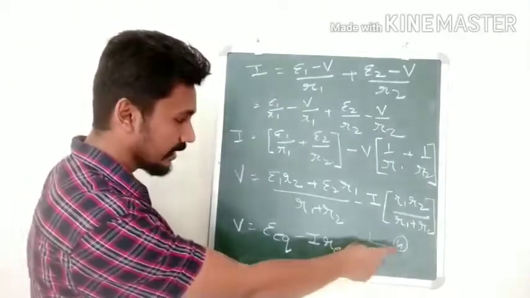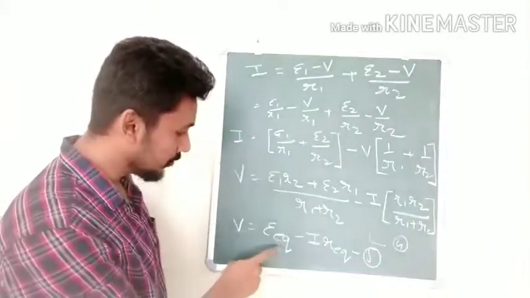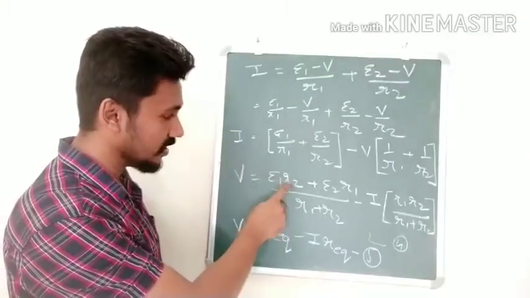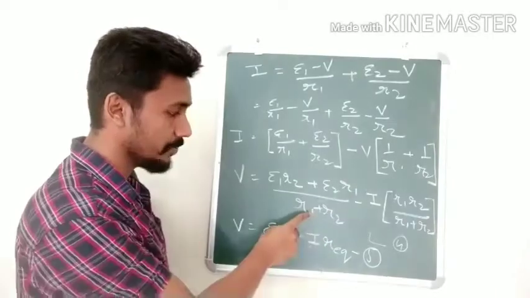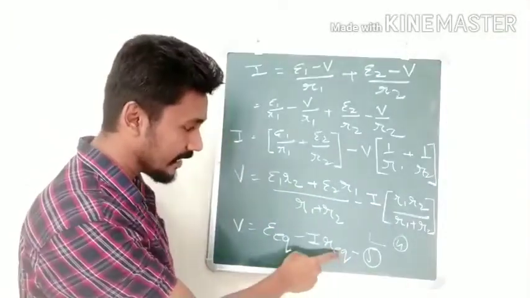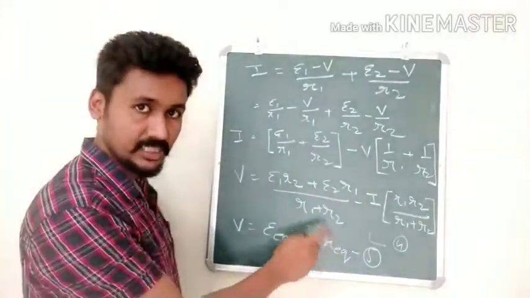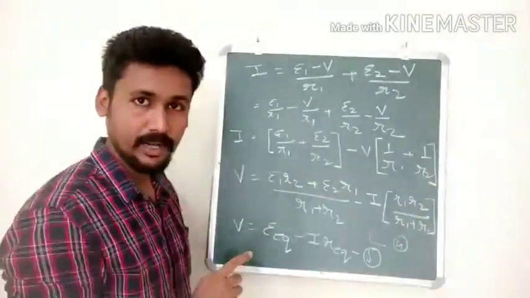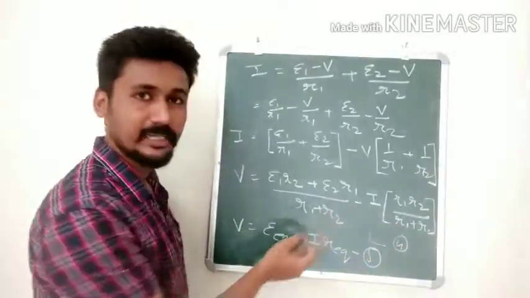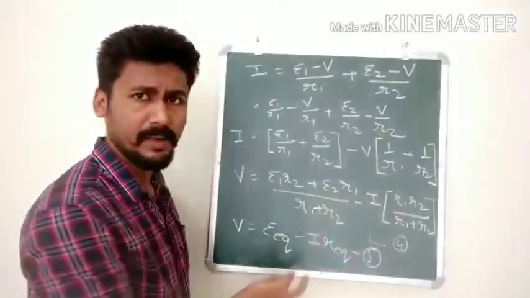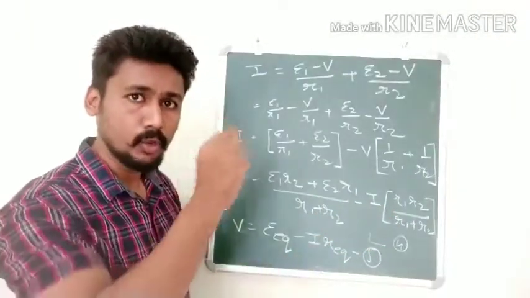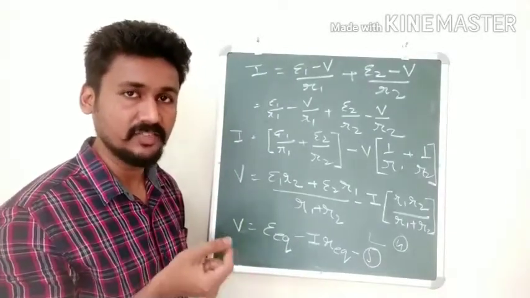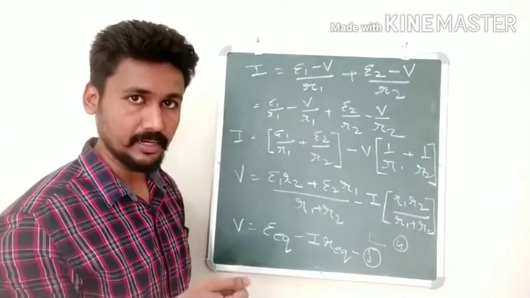So you can compare equation 4 and 5, and from that we will know that the equivalent EMF is given by (E1 R2 + E2 R1) / (R1 + R2). And the equivalent internal resistance is given by R1 R2 / (R1 + R2), which I am sure you will notice is similar to resistors in parallel. Basically, two EMFs connected in parallel will have the same internal resistance as if two resistors were connected in parallel.